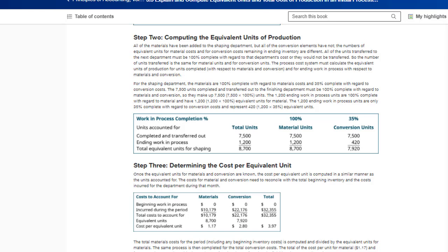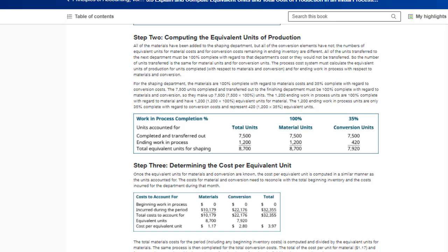The 1,200 gallons of milk that was still in process at 12:01 a.m. tomorrow morning had 1,200 gallons of milk. In other words, the units of material are equal to the total units that we're working on. Well, you might say, of course it is. What else would it be?